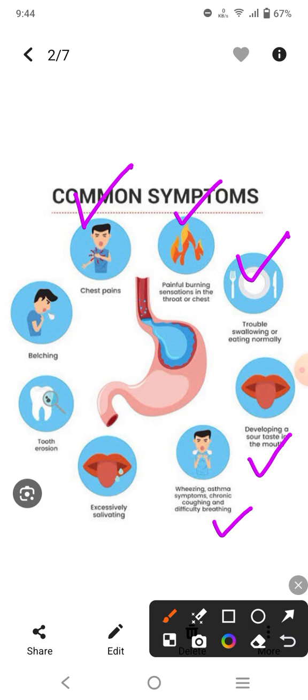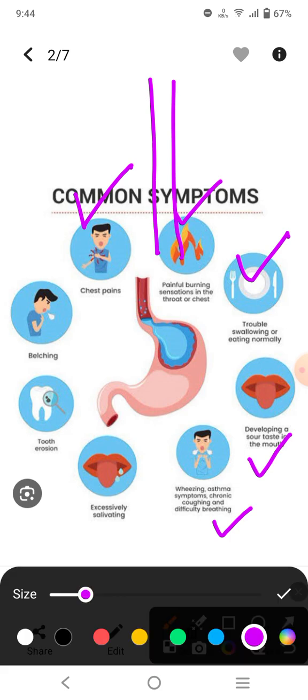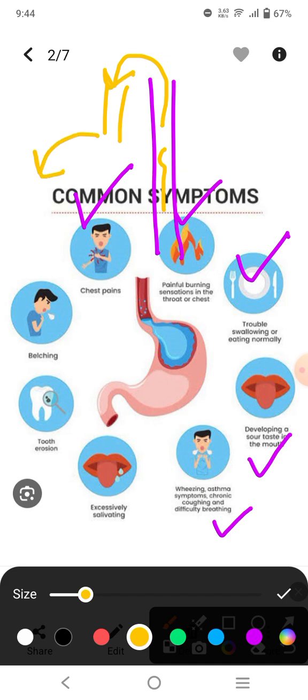Just suppose that this is the esophagus of the person, and you know that in front of the esophagus there is the larynx or trachea, etc., or airways. So if there is aspiration of that gastric acid into this larynx due to GERD, what can happen? There can be hoarseness of voice, cough, irritation, or even blockage of the air passages, or difficulty in breathing, coughing, wheezing, asthma.